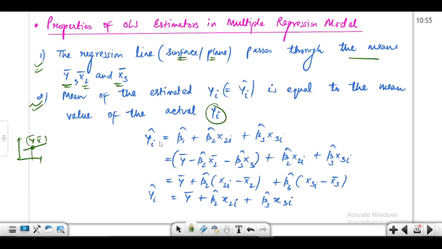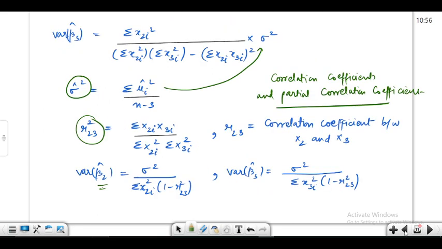So yi hat is equal to beta 1 hat plus beta 2 hat x2i plus beta 3 hat x3i. This is yi hat, so that is why the ui term is not here. In place of beta 1 hat, you can use this equation that we had discussed.